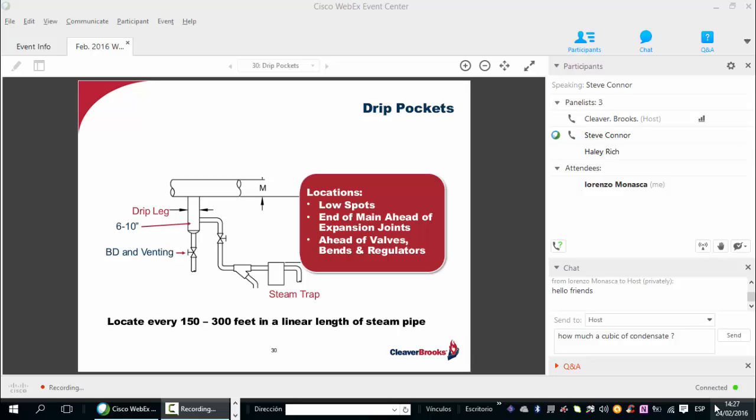Also note the steam trap, its location, the total set location, is about 6 inches above the bottom of the drip pocket to allow for sediment to form, and that can be periodically blown down during normal maintenance routines. Of course, we want to do that because we don't want to get the scale and dirt sediment in the trap.